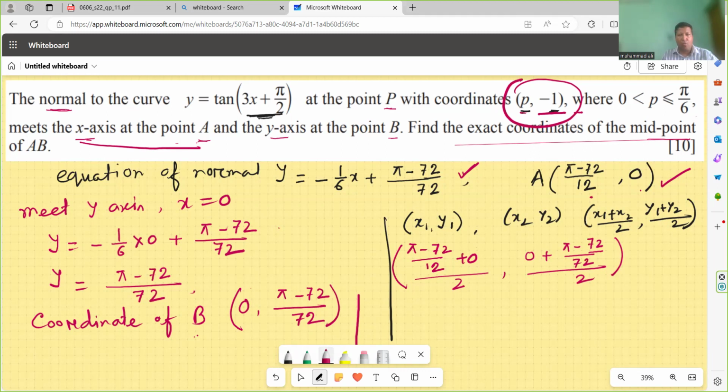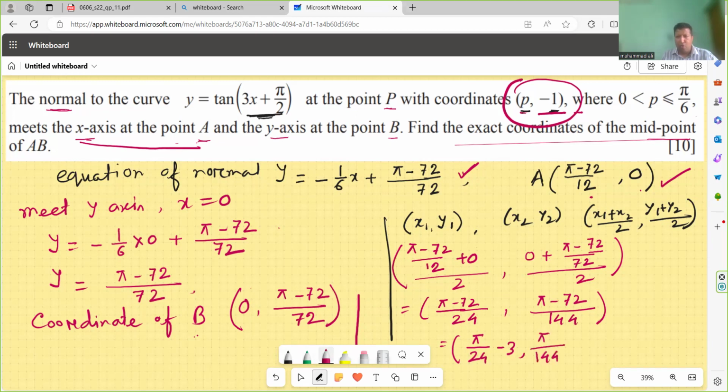So we'll get (pi minus 72) by 24, and here we get (pi minus 72) by 144. If we simplify this, we will get pi by 24 minus 3, comma, pi by 144 minus half. So this is the exact coordinates of the midpoint of AB.